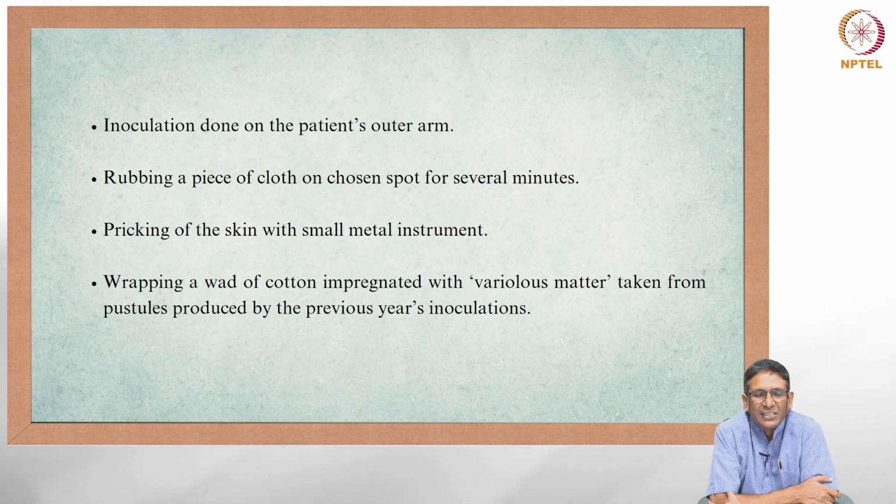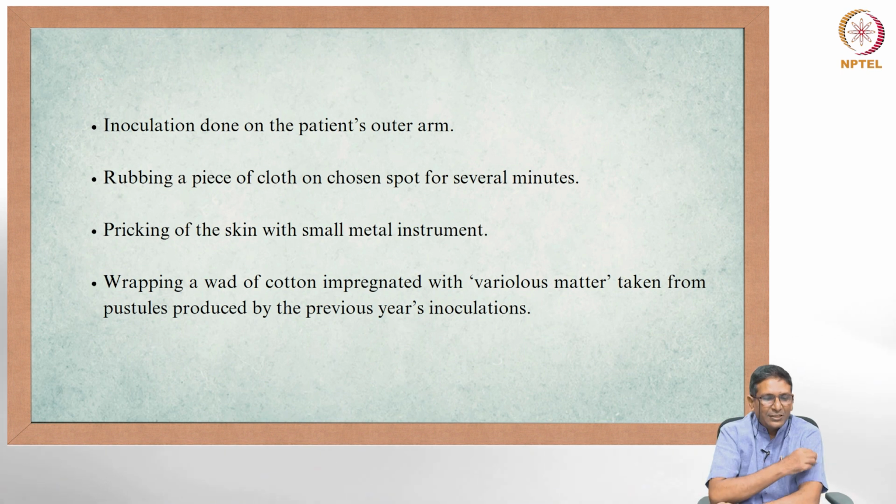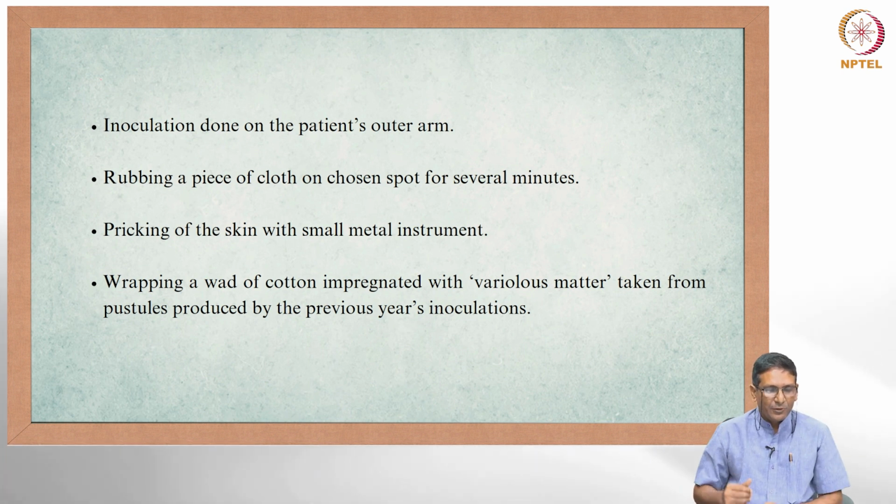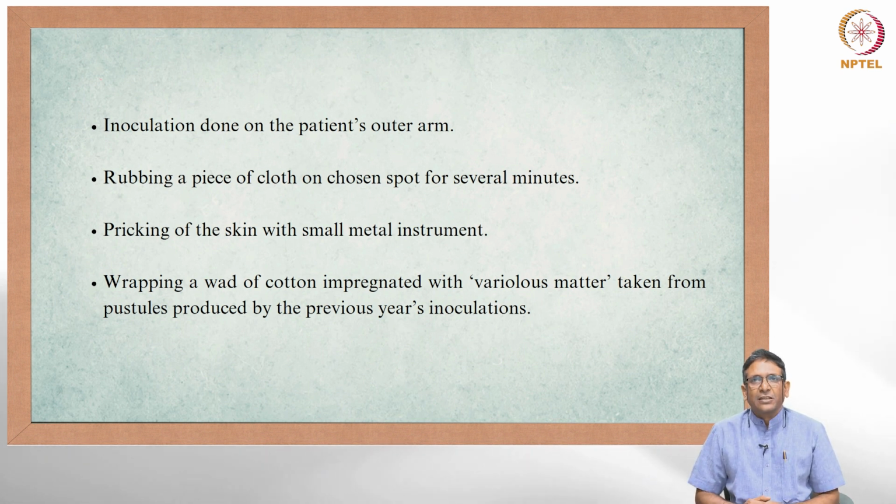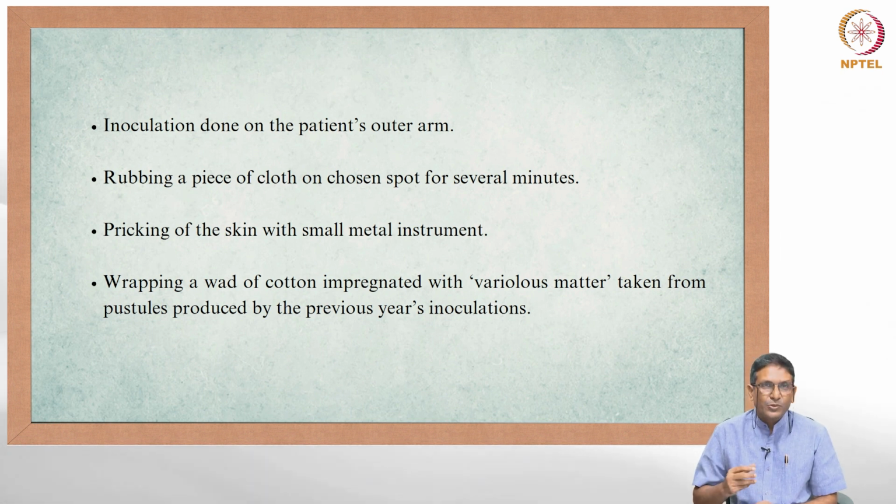It starts with the rubbing of that area with a piece of cloth for a few minutes, and then the actual pricking of the skin with a sharp small metal instrument, and onto that newly created opening would be a wrapping of a wad of cotton impregnated with that variolous matter taken from pustules produced from the previous year's inoculation.